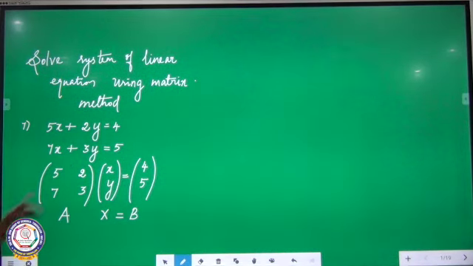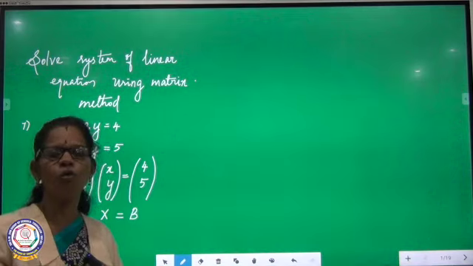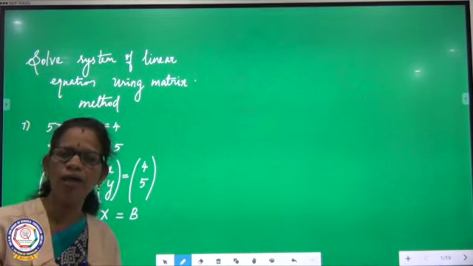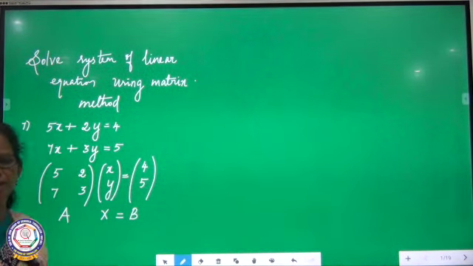I said matrix inversion method, right? You have some doubt what it is. I am going to explain that. AX equal to B. When can you apply the matrix inversion method? If the determinant A is not equal to 0 only, you can apply the matrix inversion method, right?